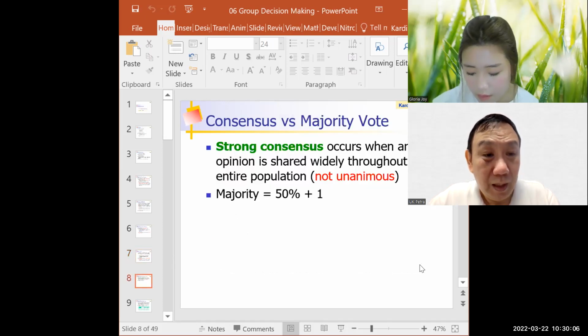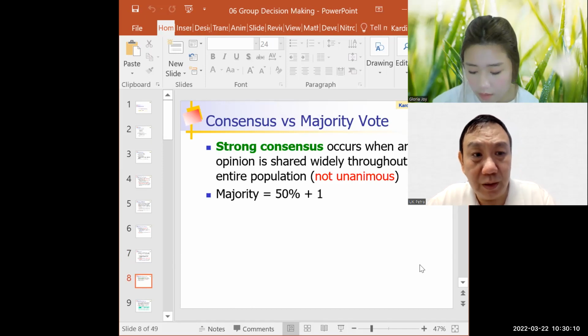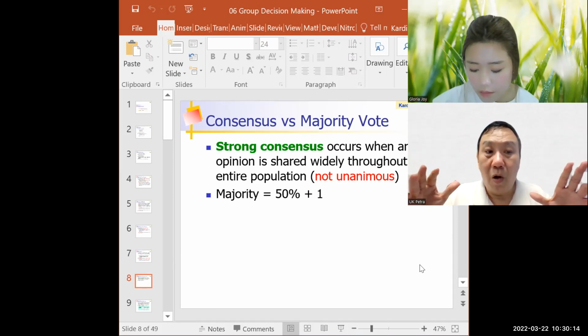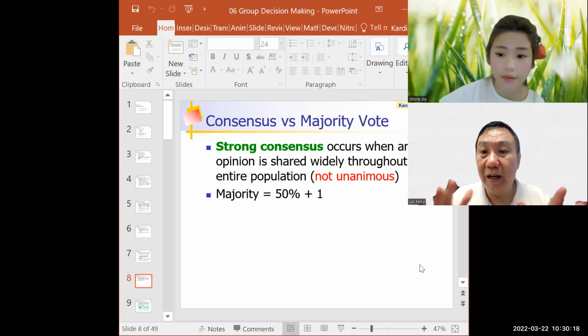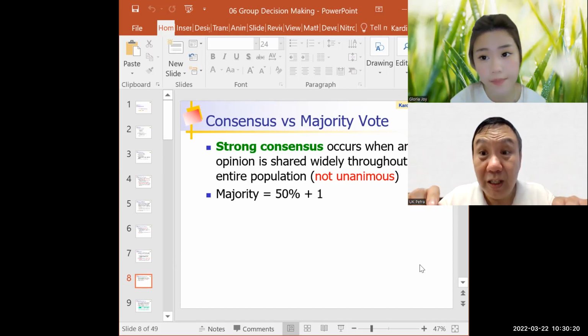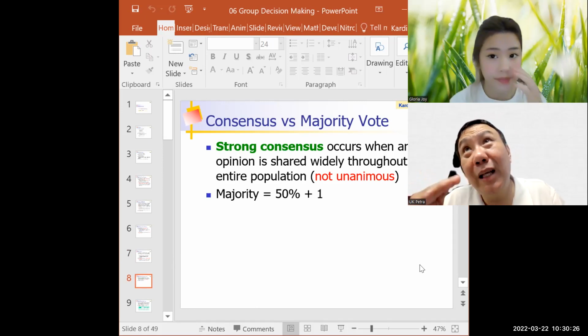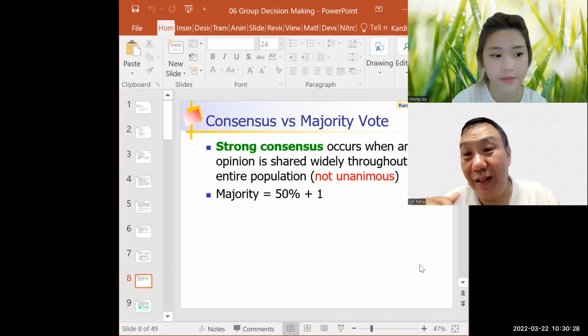So we can say consensus is a kind of strong consensus that occurs when the opinion is shared widely throughout the entire population. So it's not necessarily unanimous. It's above the majority.